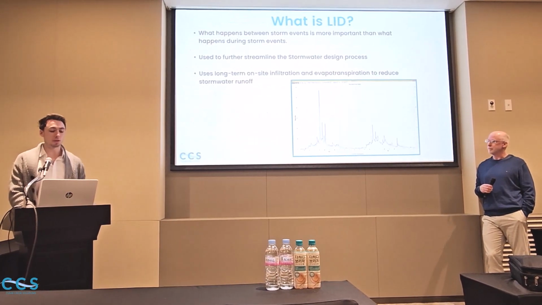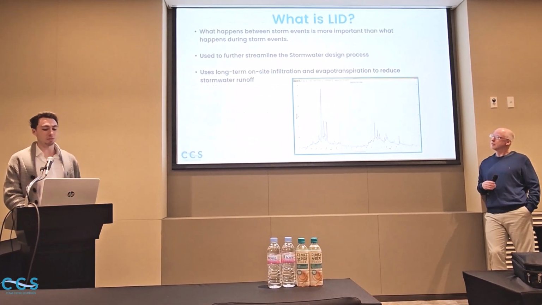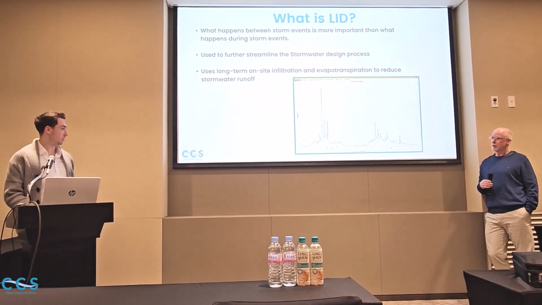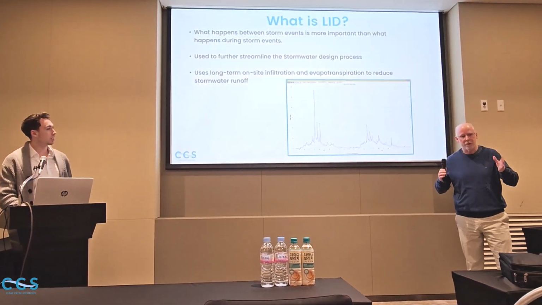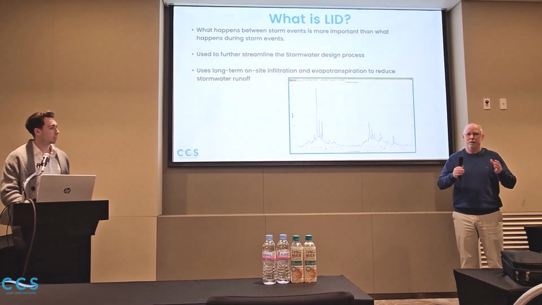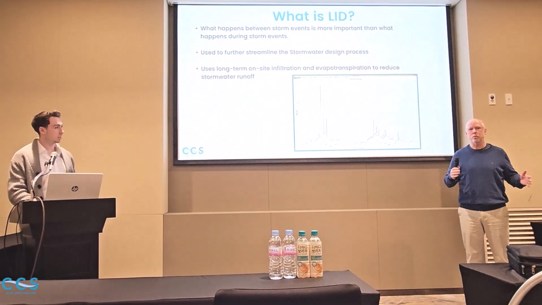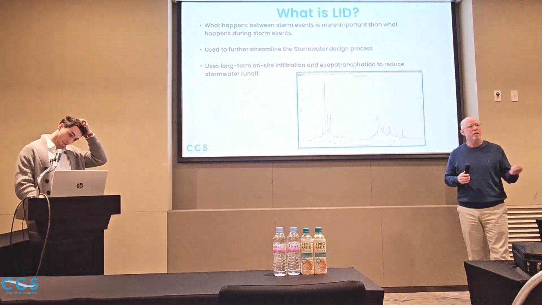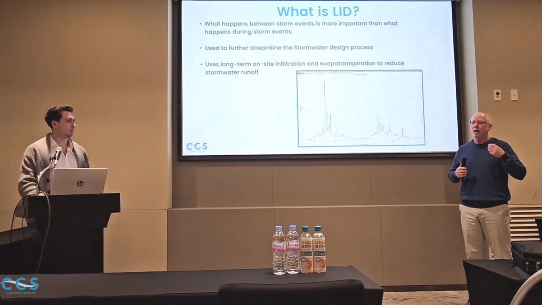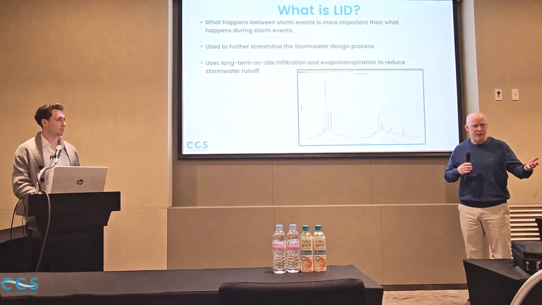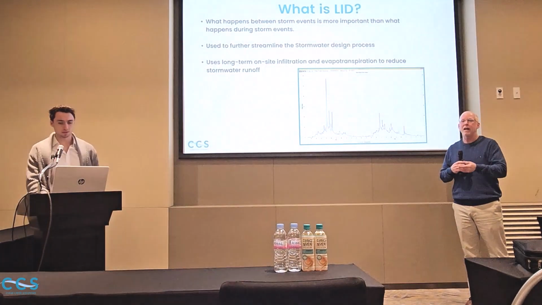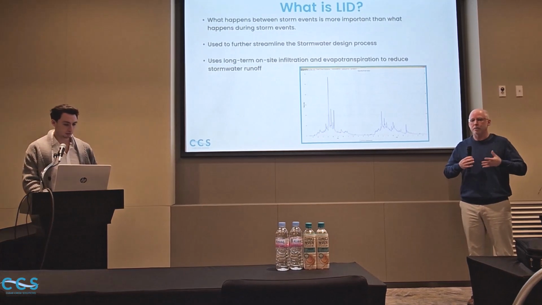for the future. So now we're going to go over what exactly LID is and what we do to optimize it. What happens in between storm events, single events, is actually more important than what happens during the event. Soil moisture, how long has it been raining, how much rain have you had recently, all this adds up.